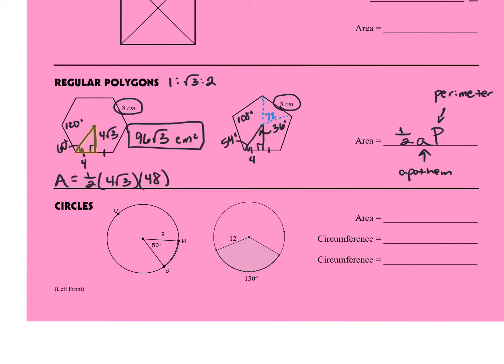Now, to find the apothem on this problem, what we need to recognize is this tiny triangle here is not a special right triangle. On the hexagon, it was a nice 30, 60, 90. This one's not. It's a 36 and a 54. So the only way that we could find the length of this apothem right here is to use trigonometry. So I'm going to put a little X on that apothem so that we can find that.